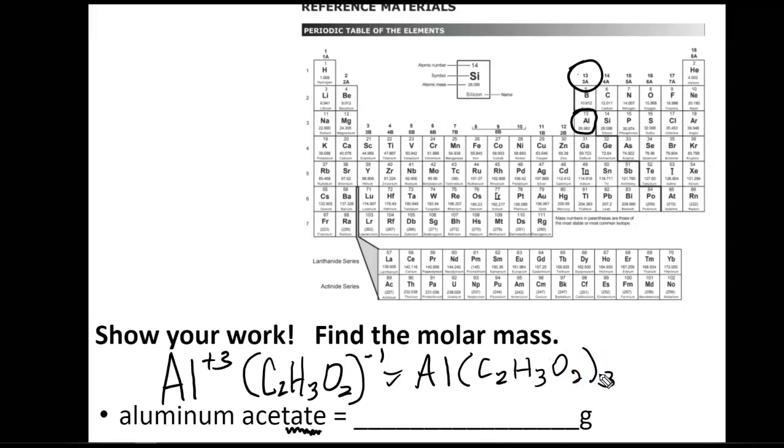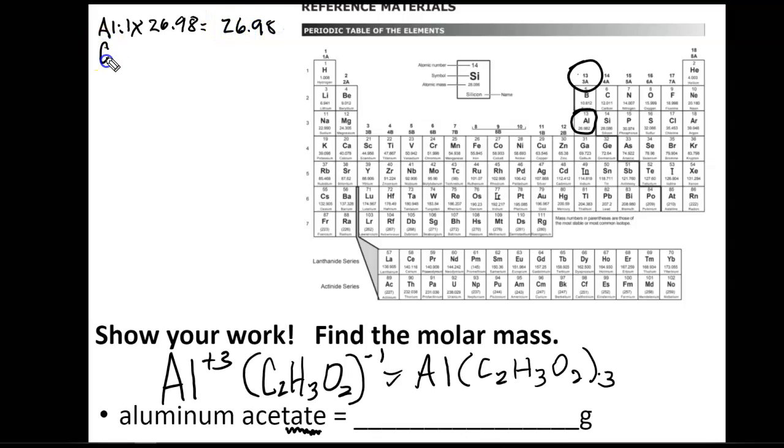So when I do this calculation, I'm going to have a subscript for everything to multiply by. So starting first for aluminum, I'm going to have 1 times 26.98, which I look up on the periodic table. So I'm going to be adding 26.98.